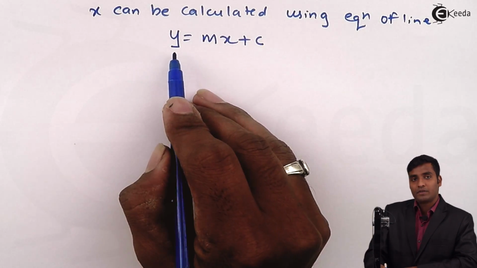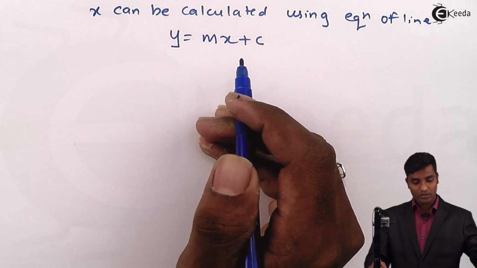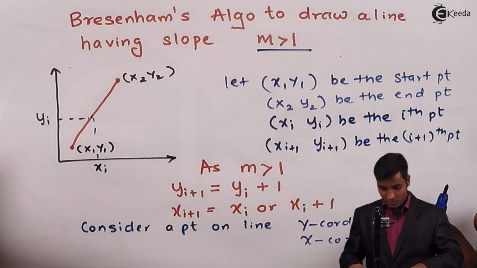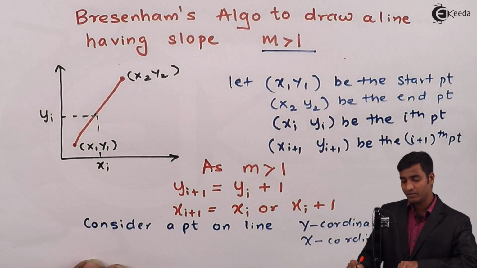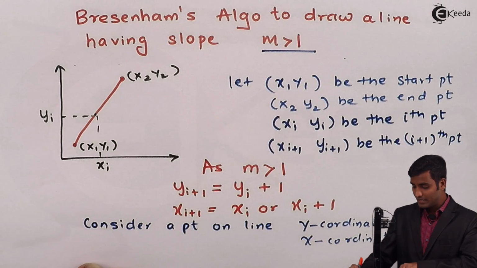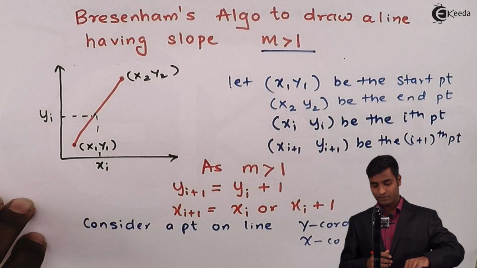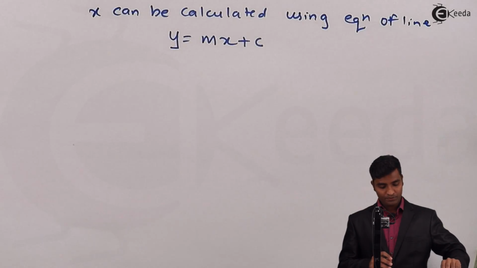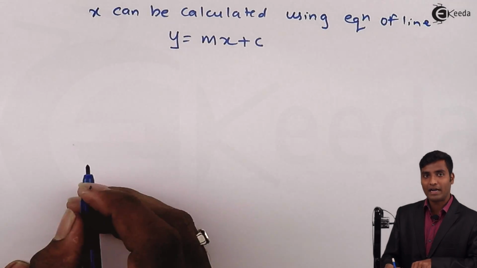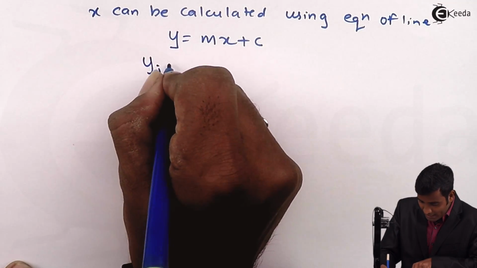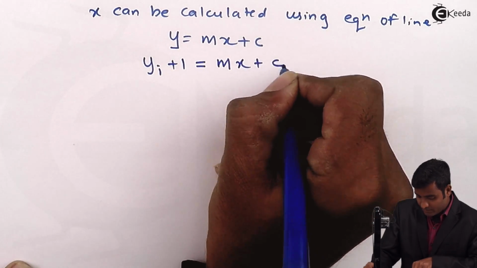So here we know the y coordinate and the x coordinate is unknown. The y coordinate value is yi plus 1 and x coordinate value is x, which is unknown and is to be calculated. So I will replace y with yi plus 1 in mx plus c.